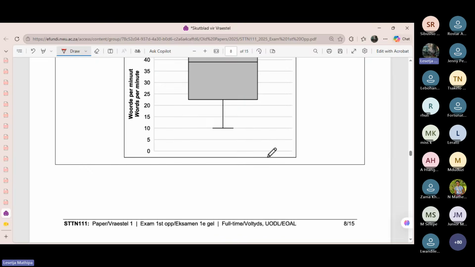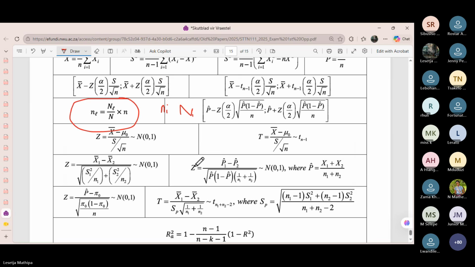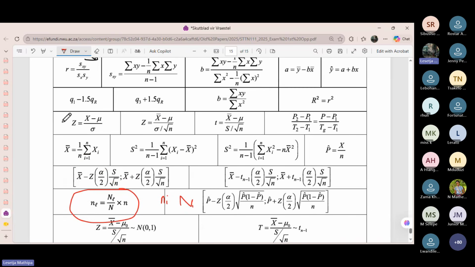Okay, you must use Tukey's rule. I'm going to show you the two formulas. The minute they mention Tukey's rule, think of chapters 4 and 5. We have formula number 1 here, and formula number 2 here. I'm going to ask you something. Between these two formulas, which one will be the formula for the upper bound?